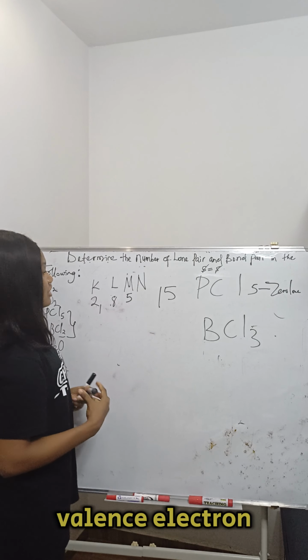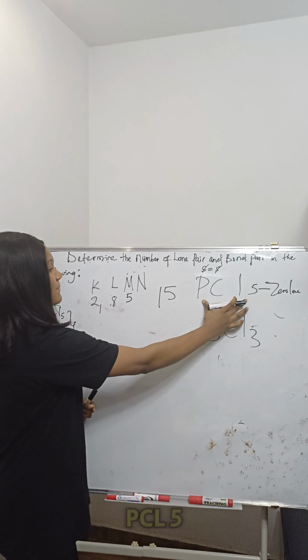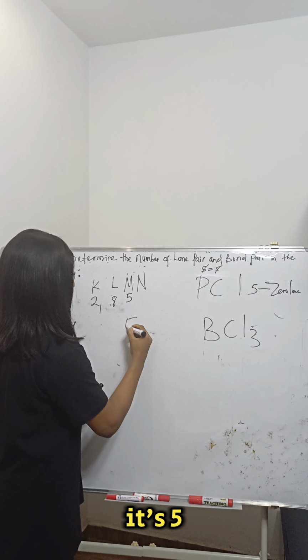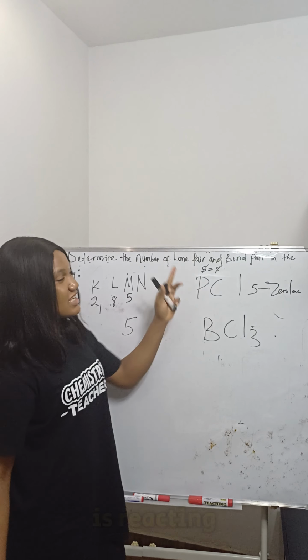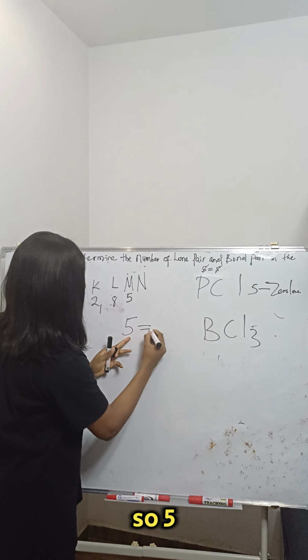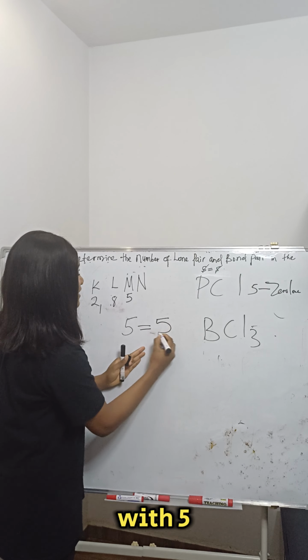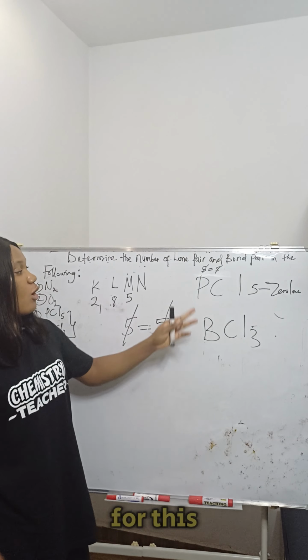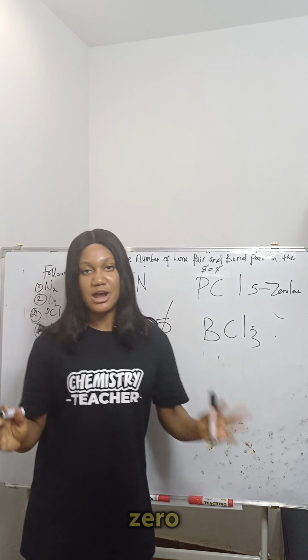So the valence electron for phosphorus here is 5. This phosphorus is reacting with 5 atoms of chlorine. They would cancel out, and your lone pair for this is going to be 0.